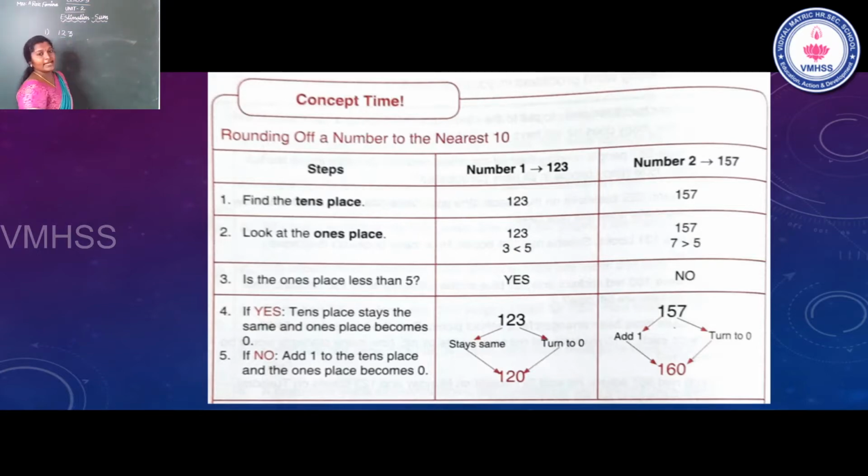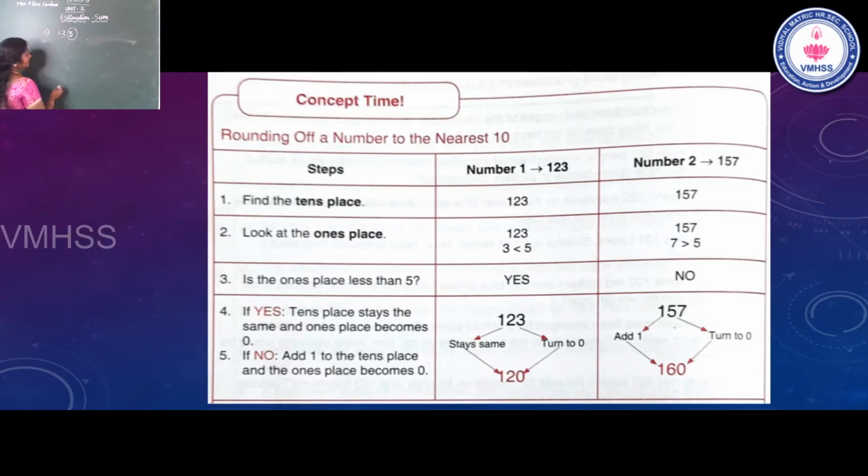2. Okay. So, next look at the ones place. This number is 3. Okay, ma'am? So, next is the ones place less than 5? Less than 5 or greater than 5?